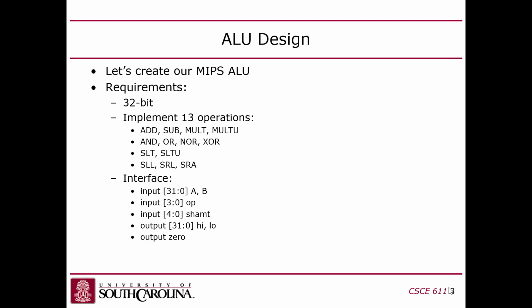So we're going to implement a branch if equal, BEQ, and so when you do that, the CPU will subtract A and B, and if the result of the subtract is 0, it means A and B are equal, and that 0 flag will go high, and that'll indicate to the control unit that the branch should be taken. Now, the only thing we have to worry about is setting that to 1 whenever the low is 0. You guys with me? Okay.